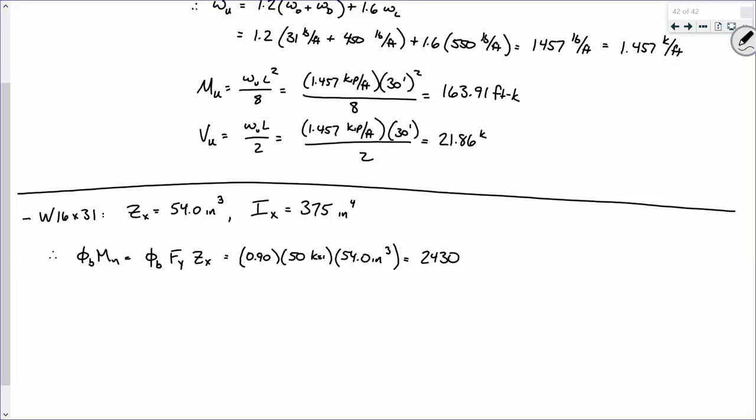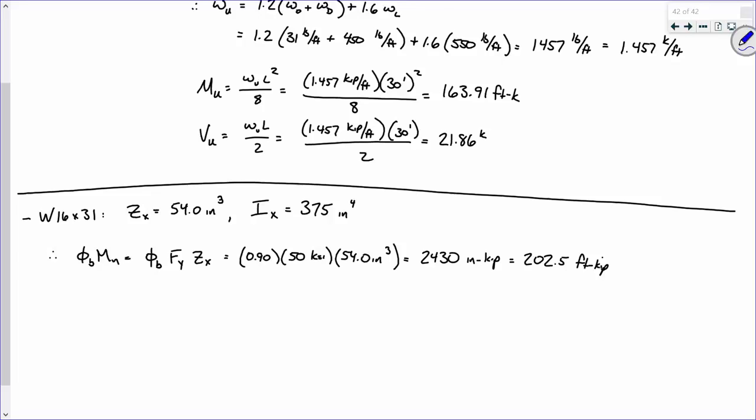Okay, now what are the units? Inch kips. So in foot kips, what would it be? Okay, so that's if you went and calculated your moment capacity.